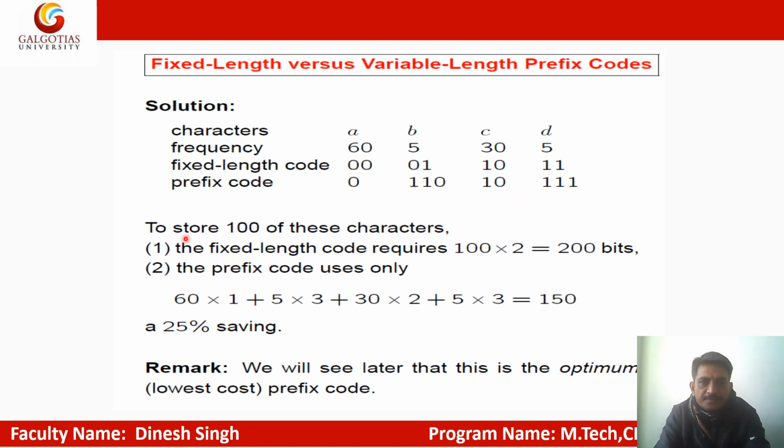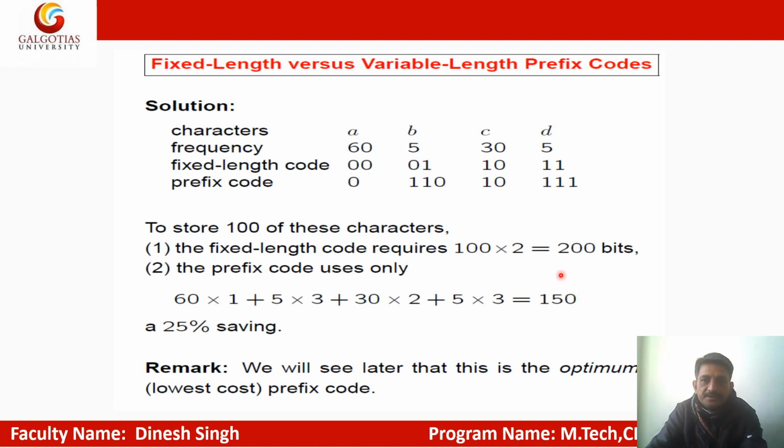To store 100 of these characters, the fixed length code requires 100 times 2, that is 200 bits. The prefix code uses 60 times character length 1 (code 0), 5 times character length 3 (code 110), 30 times character length 2 (code 10), and 5 times character length 3 (code 111).